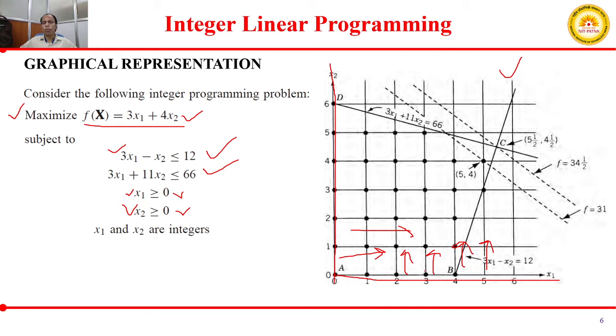From this we find that the feasible values will be in the first quadrant.